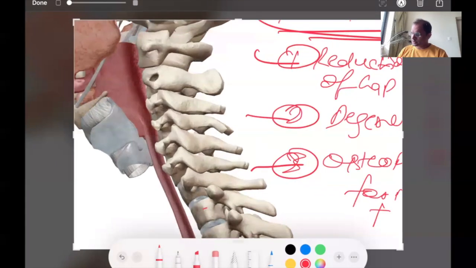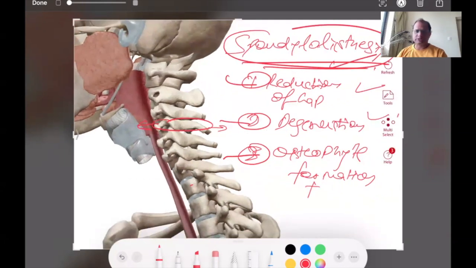This vertebra will go a little forward or backward. This will move a little forward, backward, changing its position, changing its own place. पहले ऐसा नहीं था, गैप कम हो रहा था लेकिन आगे पीछे नहीं जा रही थी. अभी आगे पीछे चली जाएगी. So it might go to the anterior side or the posterior side. Then we tell it listhesis.